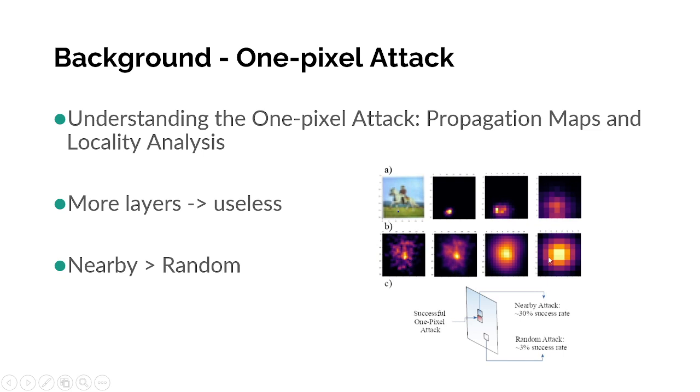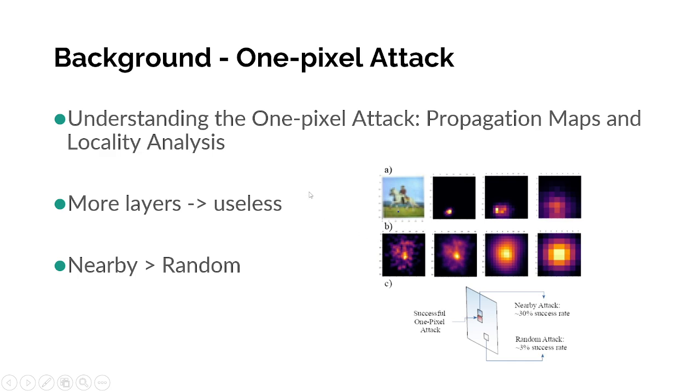So in the final layer, if the pixel position you choose is very good, we may find that the impact from this one pixel covers a lot of the area of this image.